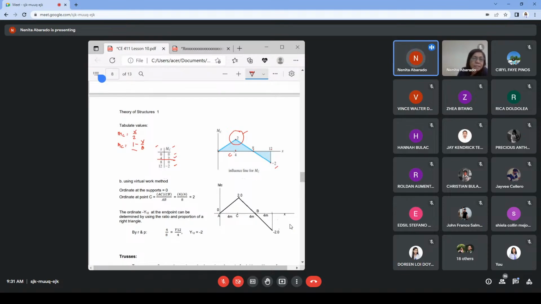Using the other, 4 over 8 is one half, and 1 minus one half is one half.